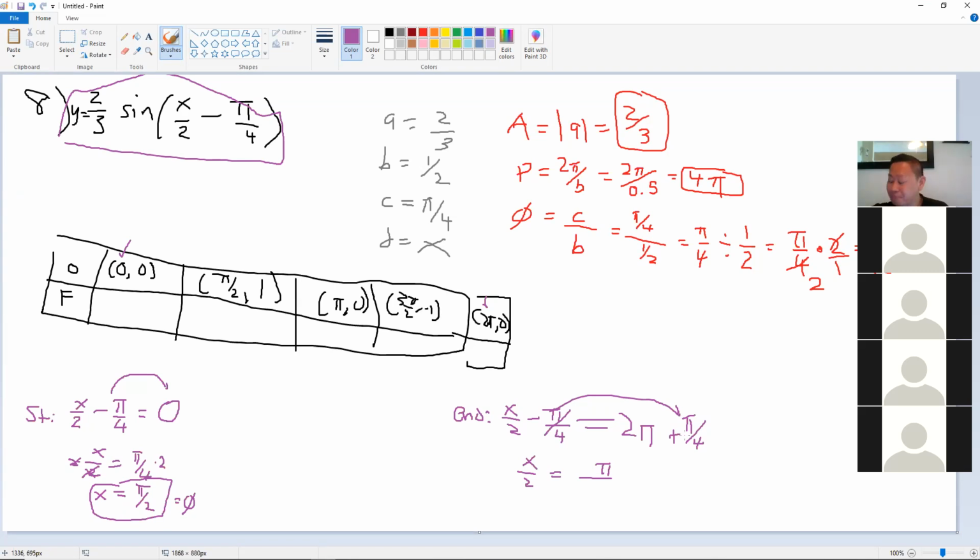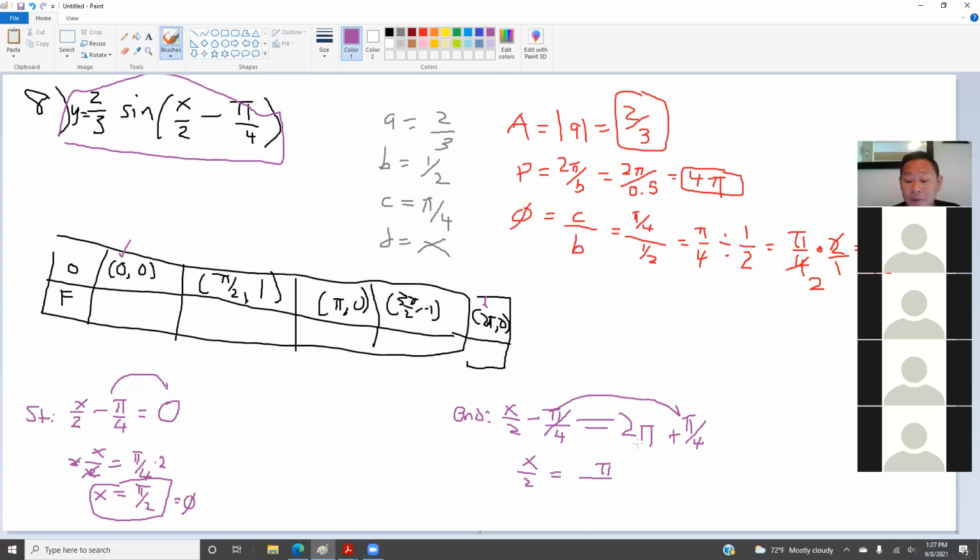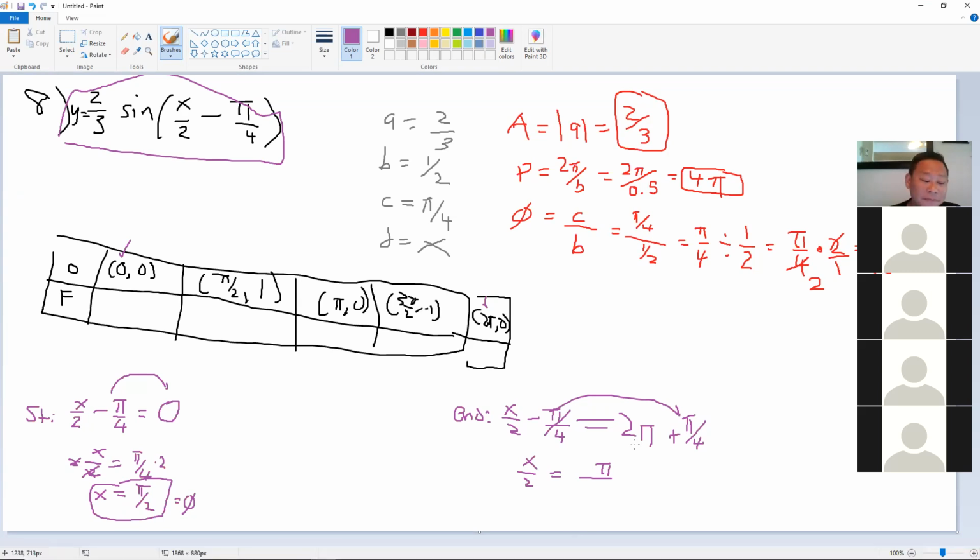So how do you write that? $2.25 is 2 and 1/4. How do you write that? This will be 9 pi over 4. You know how I get it so fast?